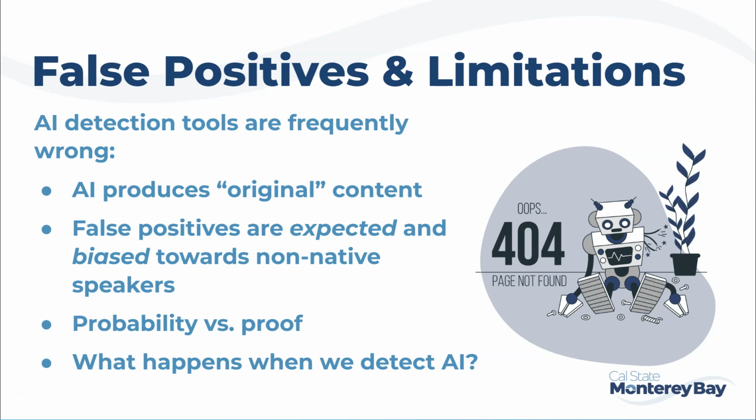And the reality is that AI detectors deal in probability rather than proof. This is why the results of these tools can be useful as a starting point in a conversation with your students, or at least as one piece of information that can be useful. It is not on its own 100% reliable evidence that plagiarism has in fact occurred.